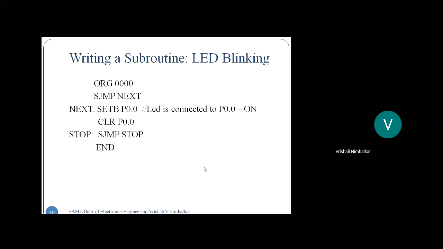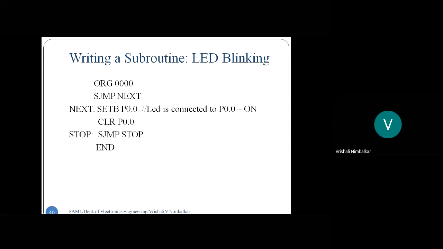Will I be able to see that LED blinking? 1 microsecond means 10 raised to minus 6. If that on and off is happening in 1 microsecond, will I be able to see that? Can you all answer? No. What change can we see? Do you all know persistence of vision?